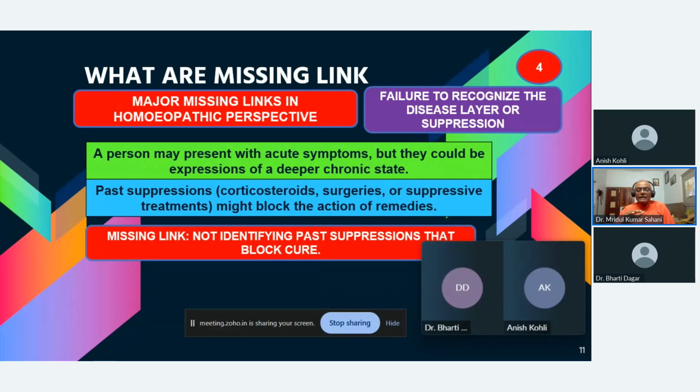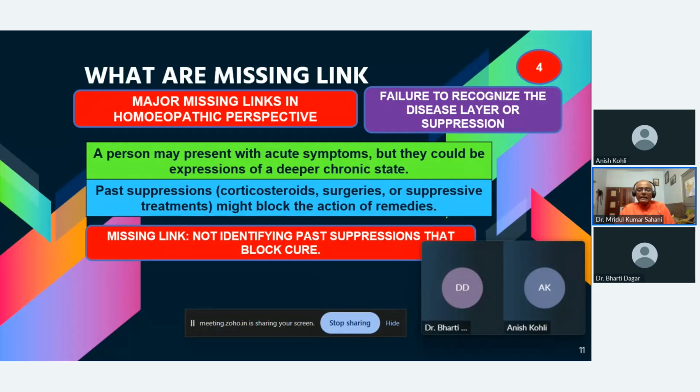And after that, he started having a breathing problem. And after that, he started having some other autoimmune disorder. The autoimmune disorder developed only because of the treatment of the asthmatic condition, and the asthmatic condition came only because of the suppression of the skin disease.